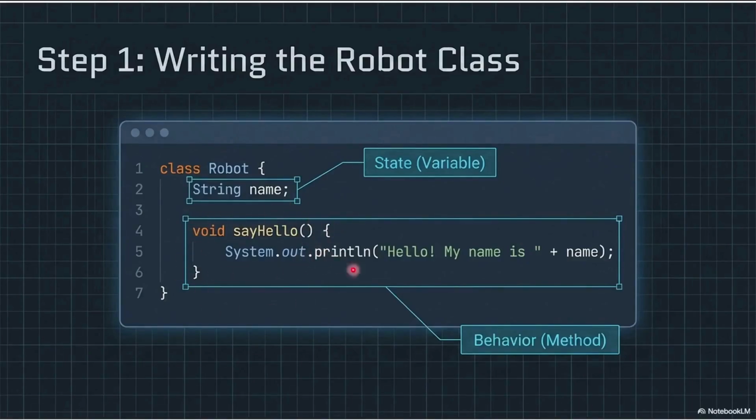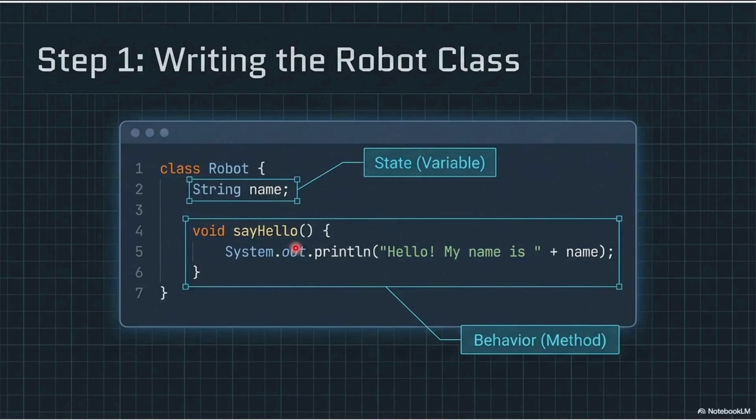Now there is one function over here, void sayHello, which just prints a message. You can see I've used the same variable name over here, that is name. Why? Because this is the object variable I used over here. This is basically a method. What is a method? It is a function which belongs to a particular class.